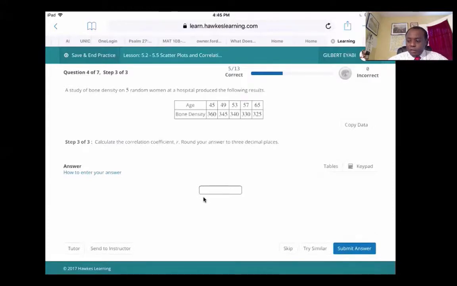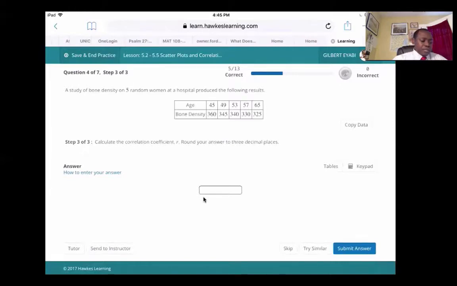The points are 45, 360, 49, 345, 53, 340, 57, 330, 65, 325.